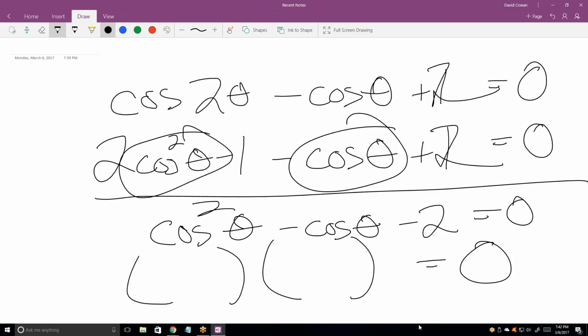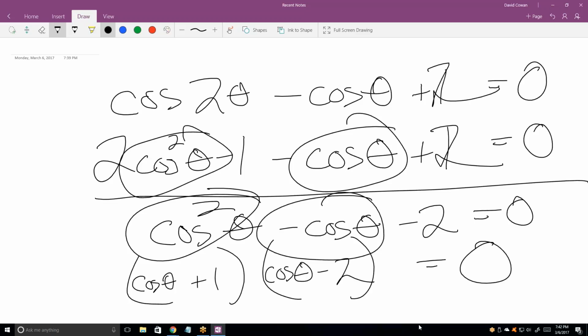It's what I call a quadratic in disguise, because the solution is cosine theta plus 1 times cosine theta minus 2. Okay. Notice that produces the perfect first term, middle term, and number.